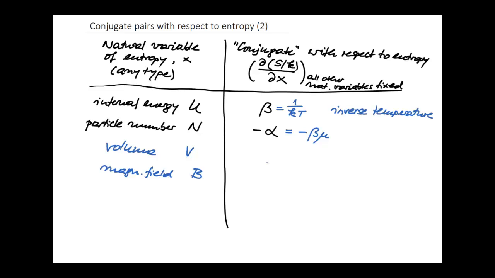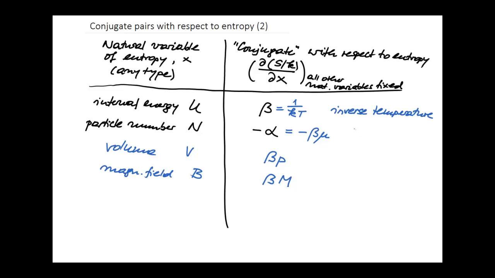So this gives beta times the pressure. And in the case of the magnetic field, the conjugate with respect to energy was minus magnetization, and with respect to entropy, it is plus beta times magnetization.